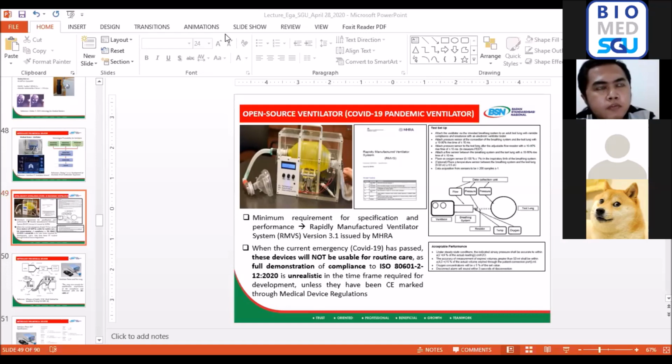So if you already have the certificate from outside of our country, well, in the law of medical device, as I said before, and Mr. Dedi said, the device should be calibrated and tested once every year.